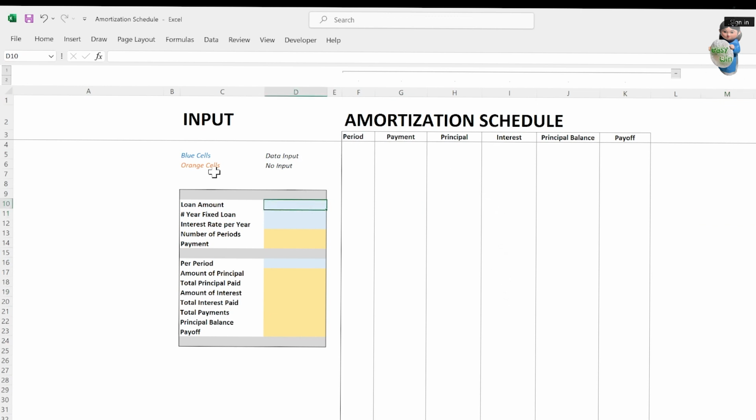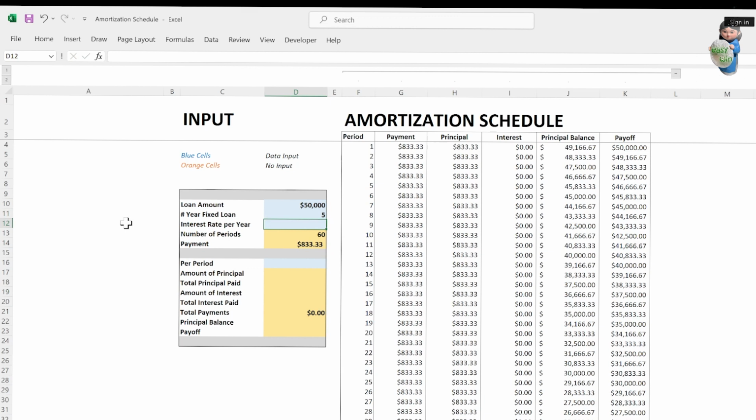So let's say I want to check out a loan amount of $50,000 and a 5-year term with an interest rate of 4%.